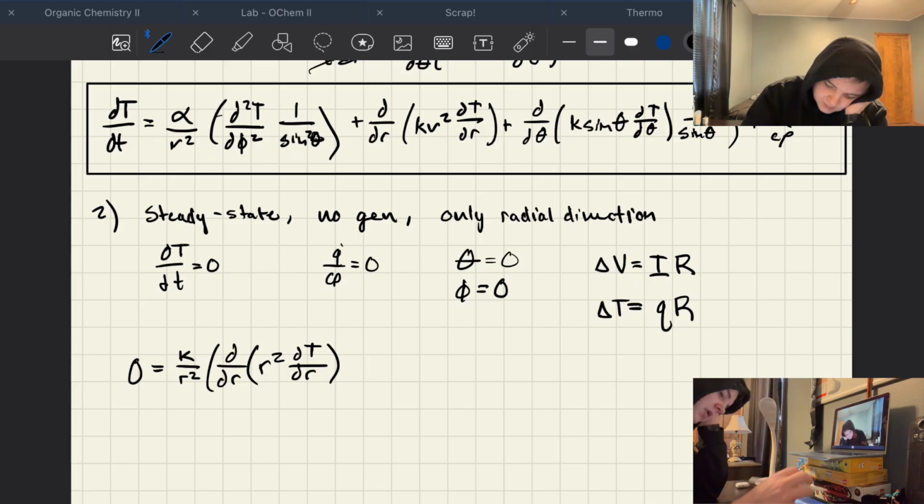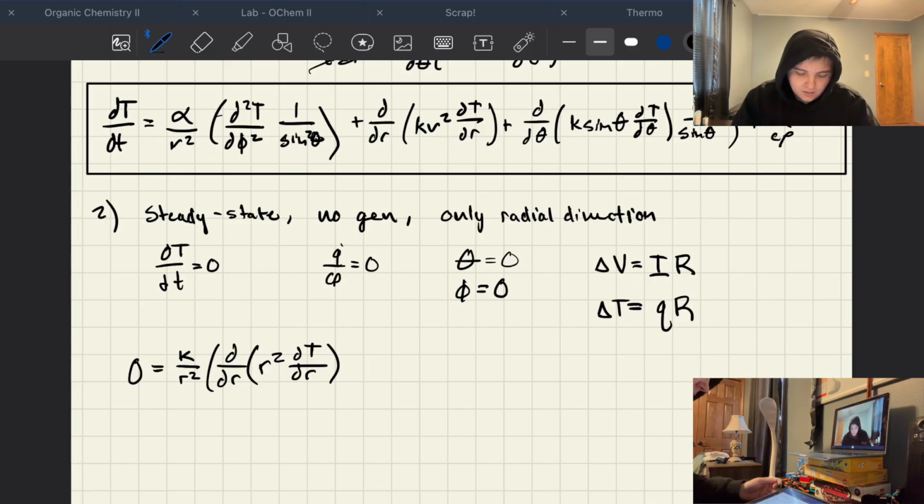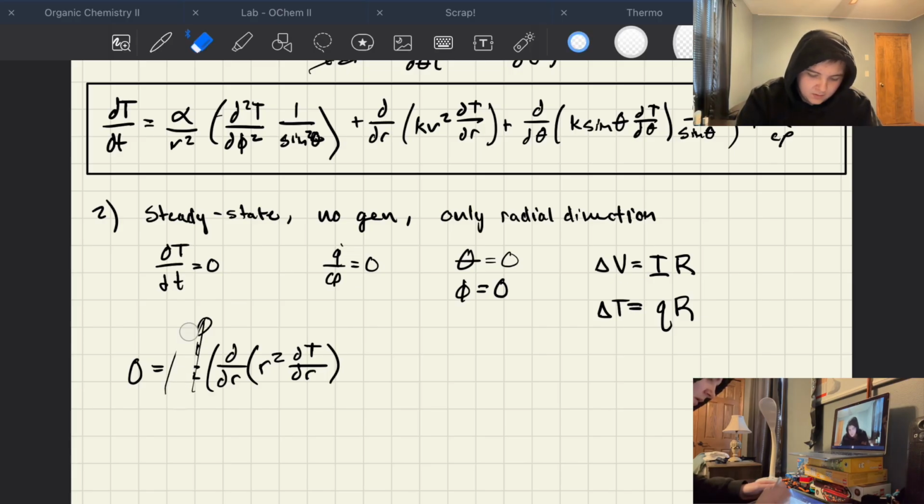Since we're equal to 0, this can kind of just go away. It will equal 0, so we'll just pretend that doesn't exist. So just erase that.